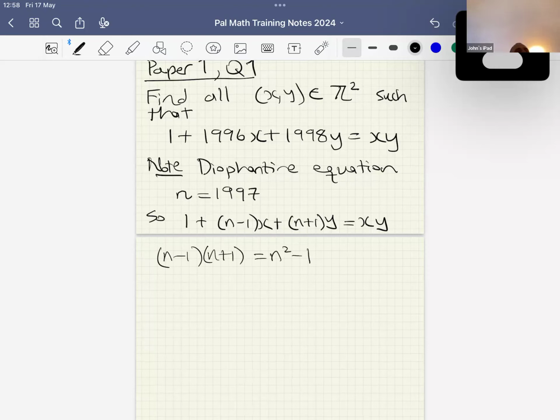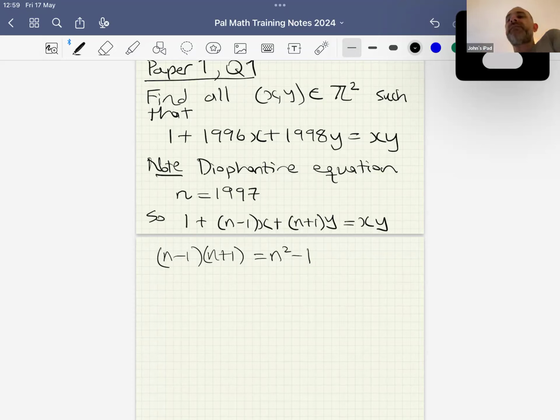Not sure how to use that here. I was thinking about taking x and y as a common factor, then applying the difference of squares. But I'm not sure if it's right.